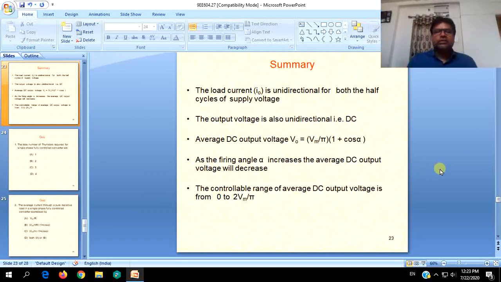To summarize, load current is unidirectional for both half cycles of the supply voltage. The output voltage is also unidirectional, that is DC. The average DC output voltage, which we have calculated, is Vm by pi into 1 plus cos alpha. As the firing angle alpha increases, the average DC output voltage will decrease. The controllable range of average DC output voltage is 0 to 2 Vm by pi.